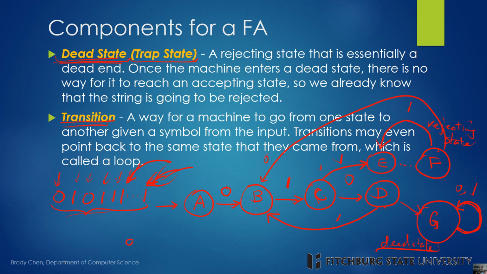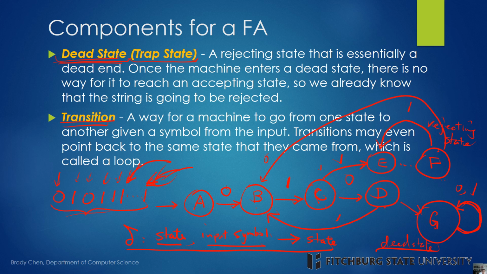Transition delta is defined by the current state and the current input symbol, and from that combination we define the next state we're going to go to. A transition may even point back to the same state it came from.